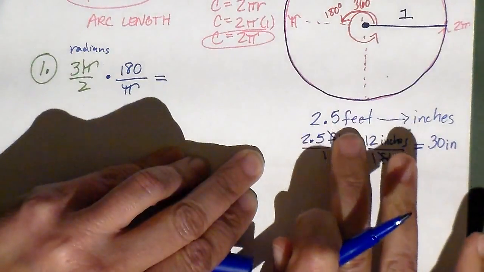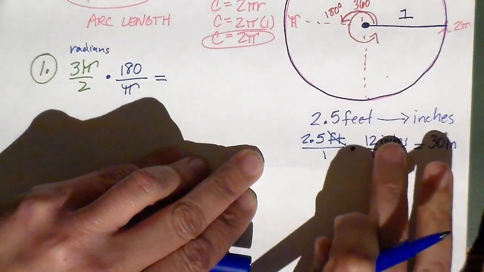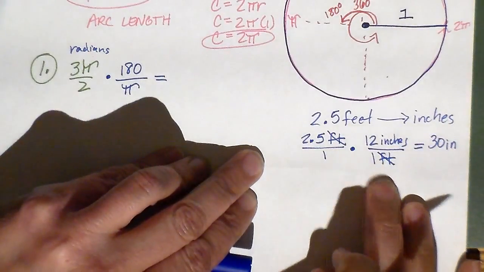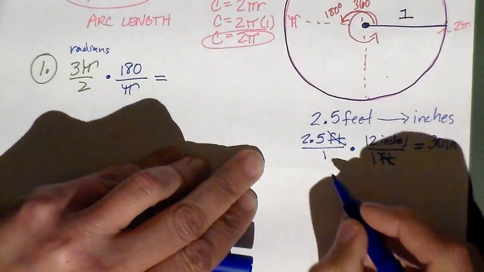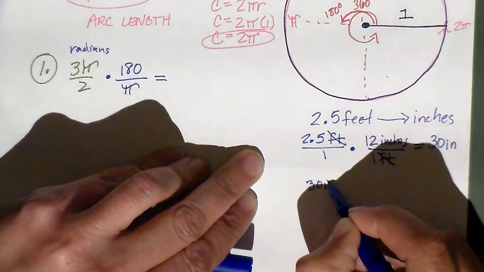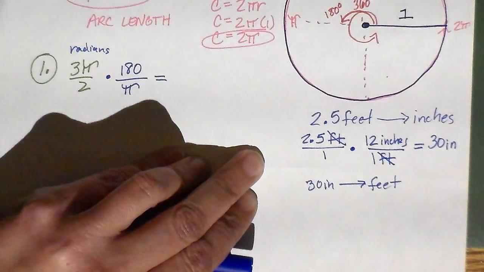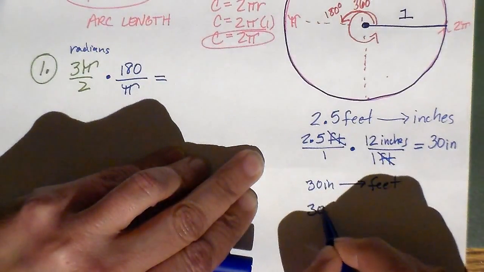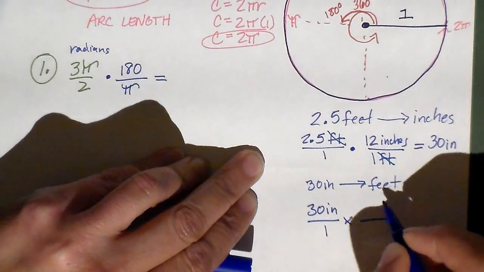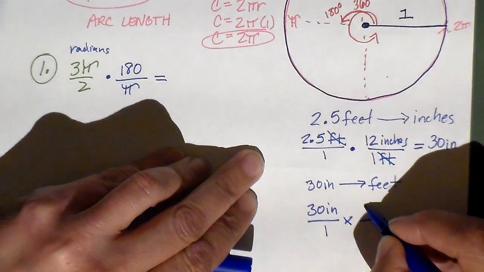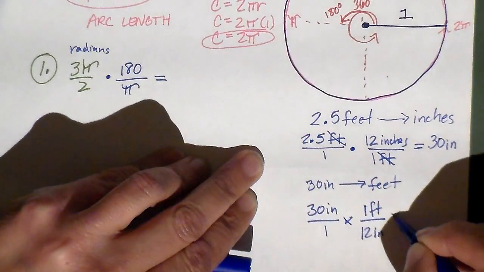So I've just converted from feet to inches. Conversely, going the other way, let's say I have 30 inches, and I want to convert that back to feet. Well, I know that there is 1 foot for every 12 inches, right?